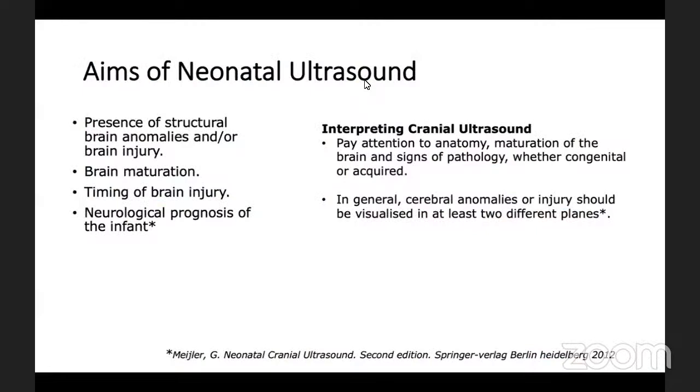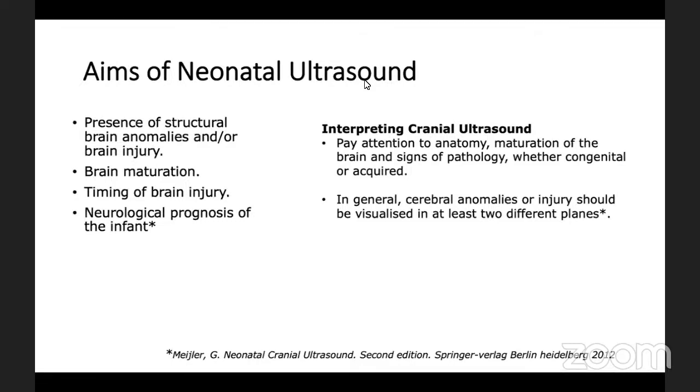So the aims of ultrasound in the NICU are basically three: to see the presence of structures, brain anomalies or brain injuries; to look for brain maturation, timing of brain injury; and the neurological prognosis of the infant in terms of ultrasound.